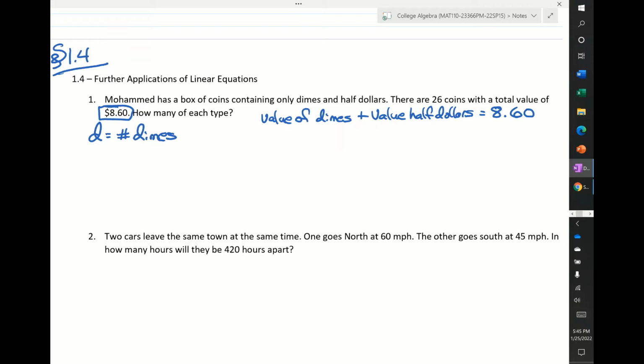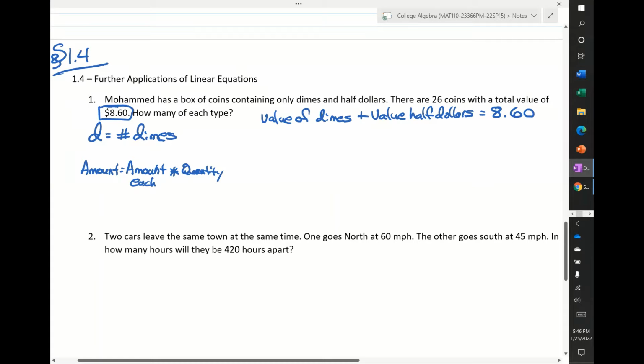The way that we figure out the value of something: we know dimes are worth 10 cents, right? If I had 2 dimes, how much would that be worth? 20 cents. We do the amount that each is worth times the quantity.